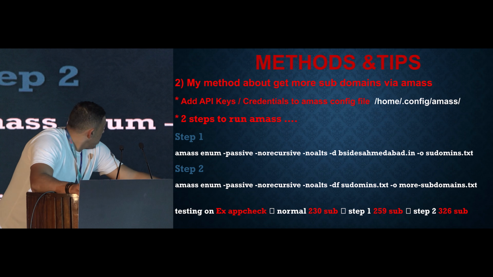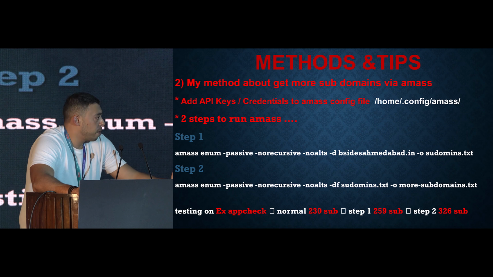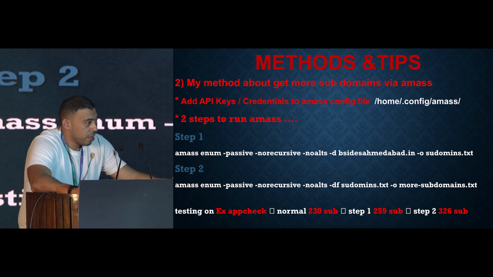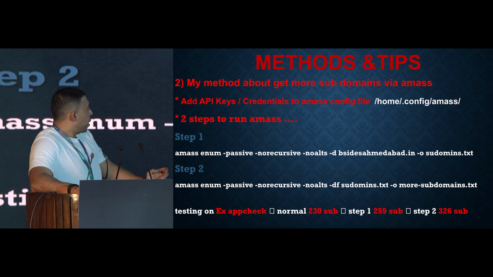Now, my method for finding more and more subdomains. I just use Amass to enumerate subdomains. But the first important thing, as I can see a lot of people ignore, is editing the config of Amass. When you check the config for Amass, we are speaking about a huge number of resources.